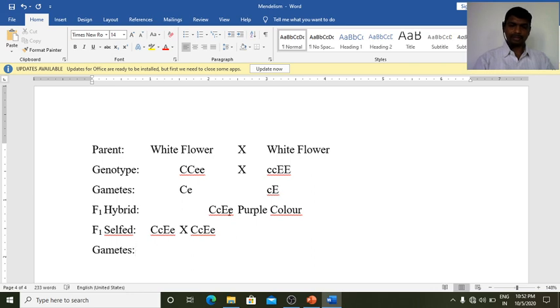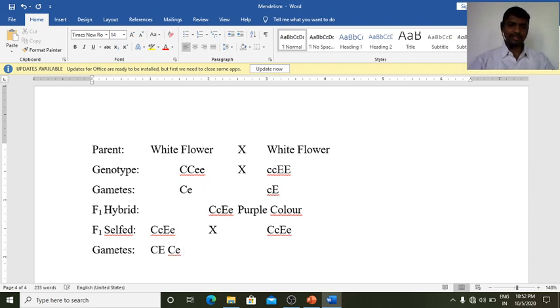So what are the gametes in this case? The gametes from the parent are capital C, capital E, then capital C, small e.